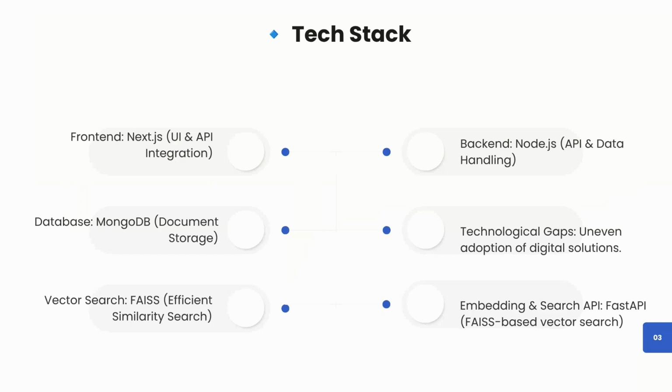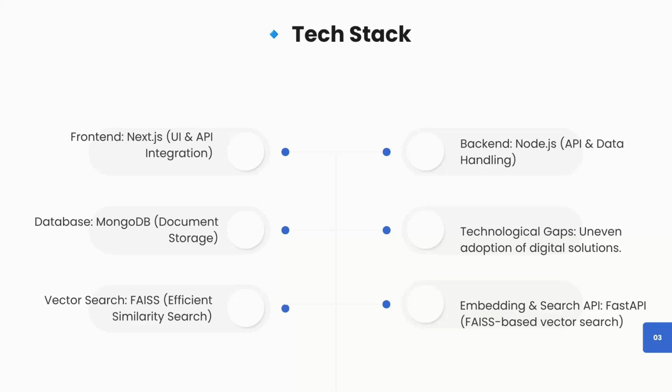Database: MongoDB storing oncology research papers. Vector search: an optimized similarity search engine that helps retrieve relevant papers quickly.